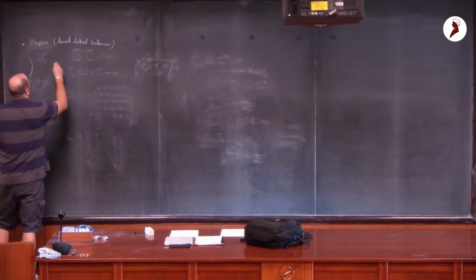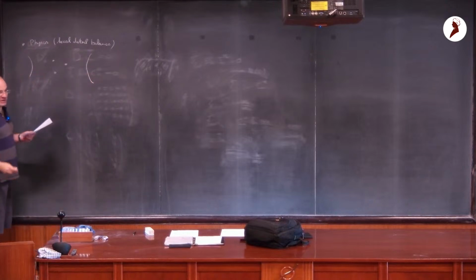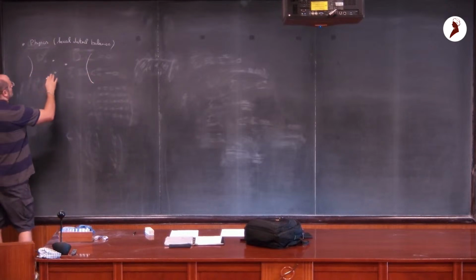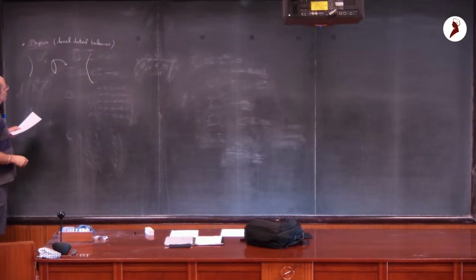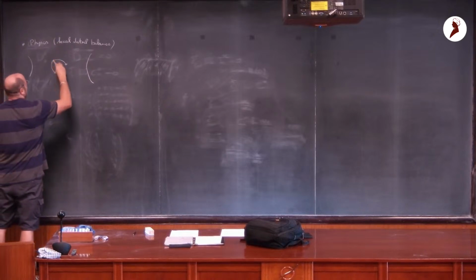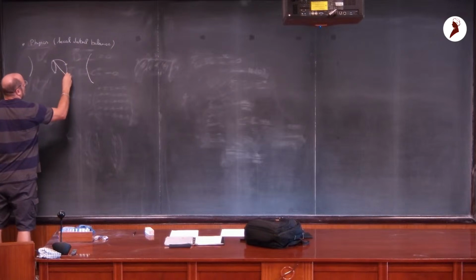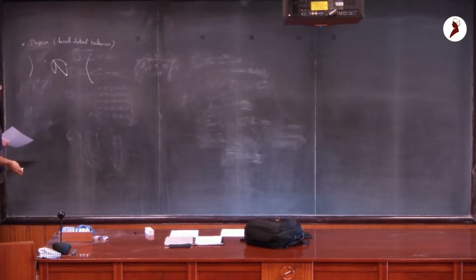So now, we had nodes and edges, and some of these nodes were connected by more than one edge. What I introduce now are reservoirs.